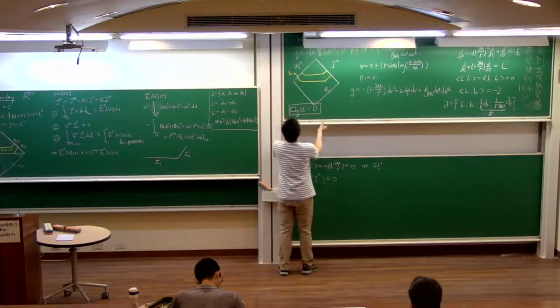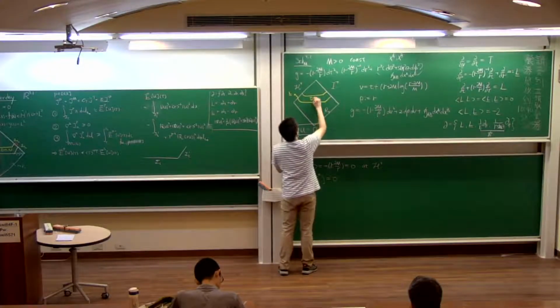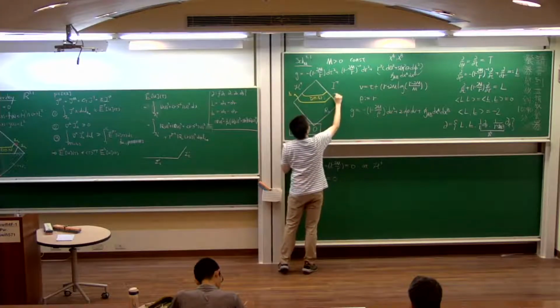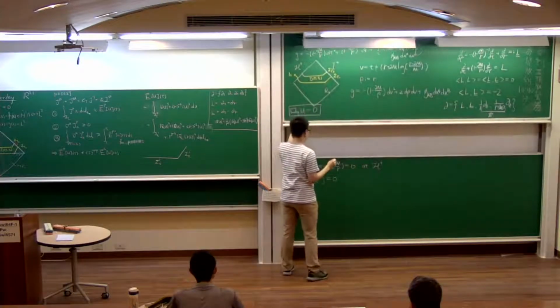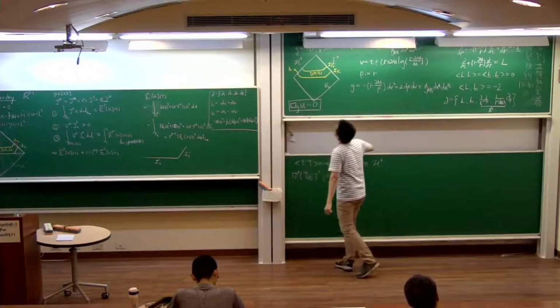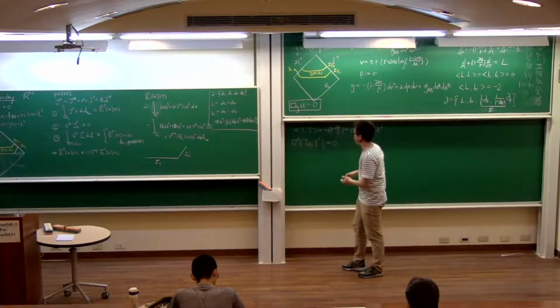And we still denote this region by tau 1, tau 2. This is sigma tau 2. Okay, now let's apply the divergence theorem in that region.